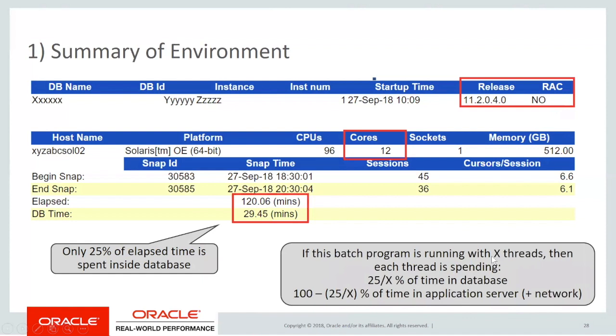But if this batch program is running with, let's say, 5 threads, then each thread is spending only 5% of its time in the database, because then I'll end up with 30 minutes in the database and 95% of the time outside the database. So you'll start understanding why I've given this AWR report the title that I've given it.